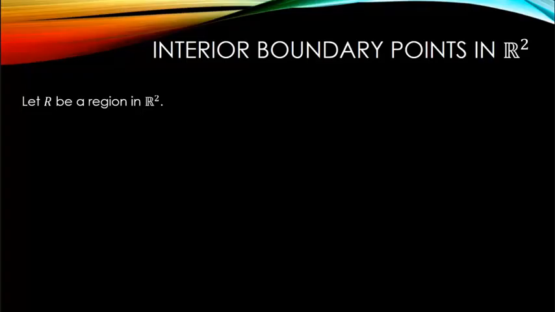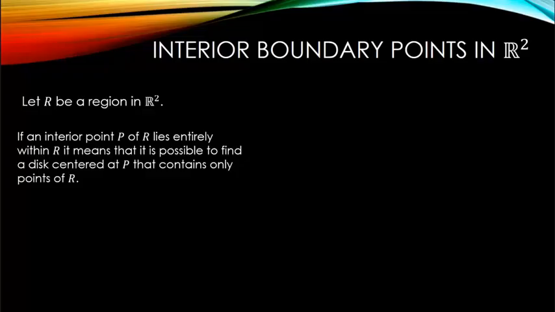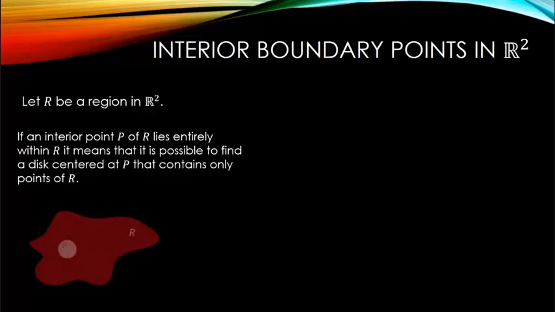When I have interior boundary points, it means that if I have a region in two-dimensional space, then a point that lies entirely within this region, let's call the point P and the region R. This means that if point P lies entirely within the region R, that I can find a disk centered at P that will contain only points that also exist in R. So some arbitrary region R with a point P located somewhere in the interior can be surrounded by a disk that contains only points that are also contained in R.